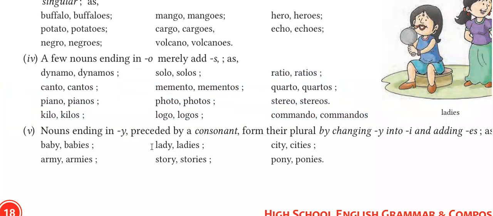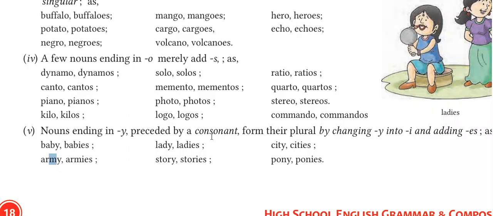Rule number 5: nouns ending in y preceded by a consonant form their plural by changing y into i and adding es. For example, in baby, b is a consonant and it ends with y. In army, m is a consonant and it ends with y.